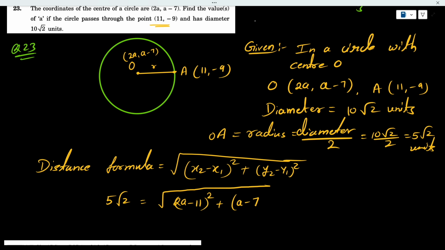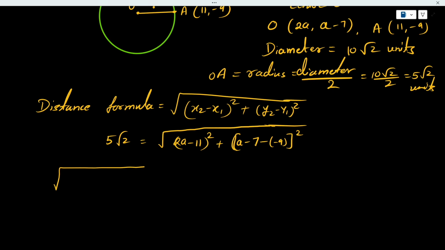You can write it as minus of minus 9, and in the next step take it as positive 9. Writing this on the LHS, it's 2a minus 11 whole square plus, if you open this bracket, minus 7 plus 9, which is a plus 2 whole square, equals 5 root 2.